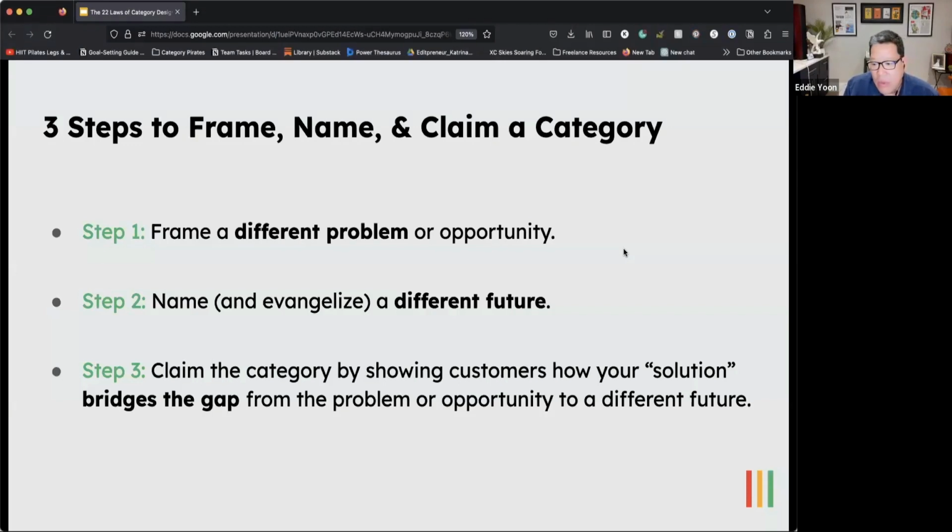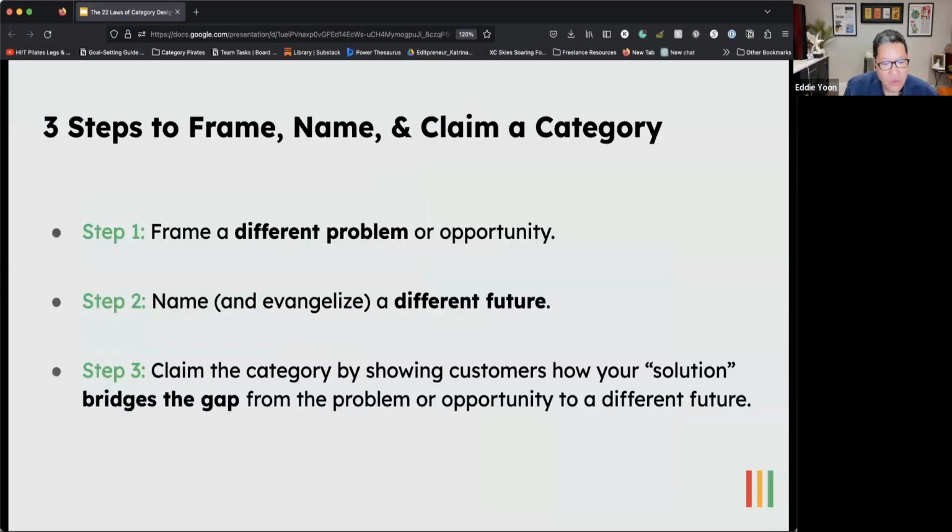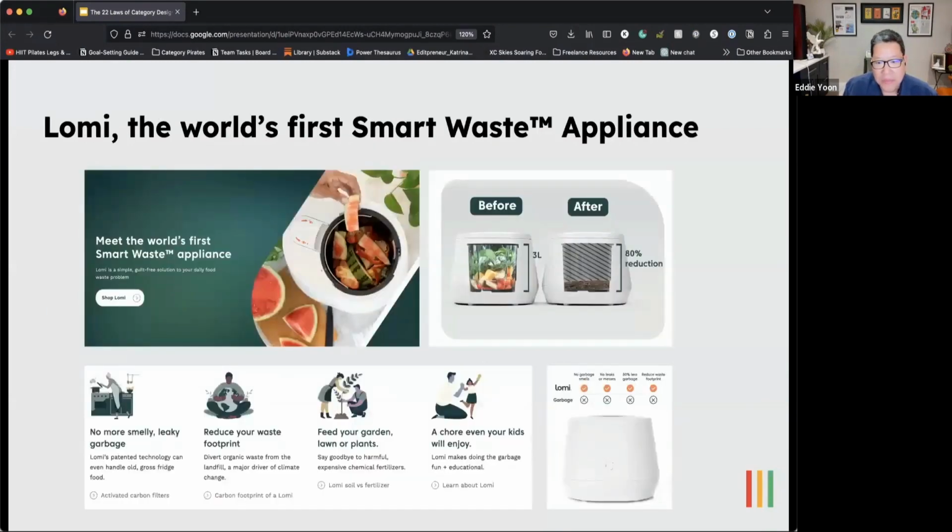And so we are trying to do, again, a real life example. We want to save time, obviously, for the AMA, because that's the reason why we're all here. But if you go to slide 18, one of our great friends is Lomi, and Christopher and Cole and I spent a lot of time talking with them about what is the category.